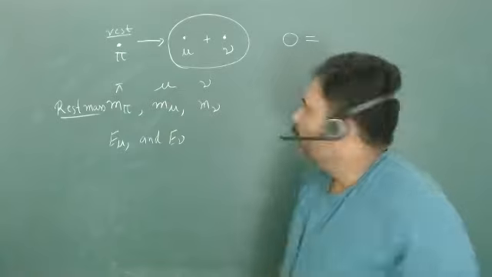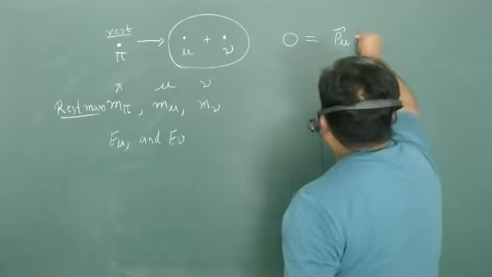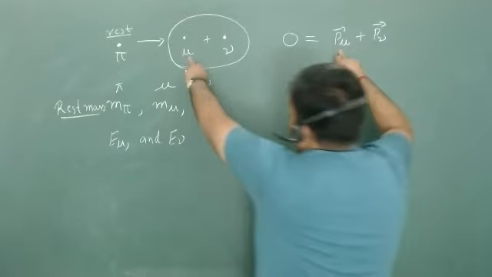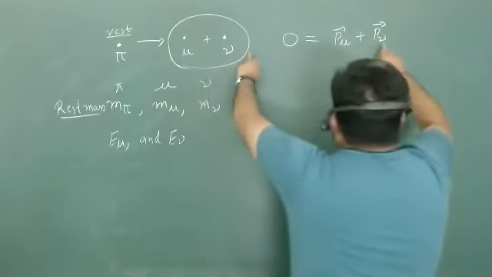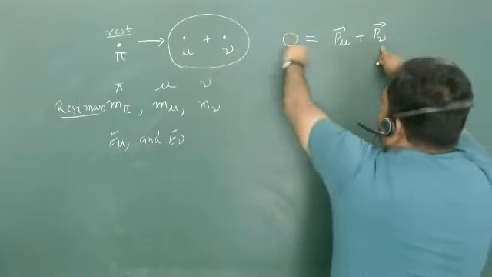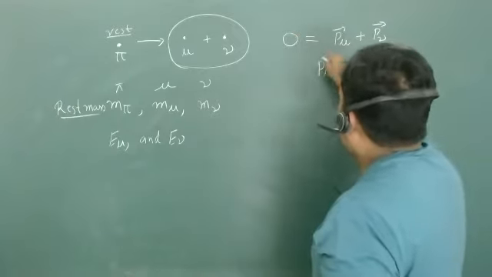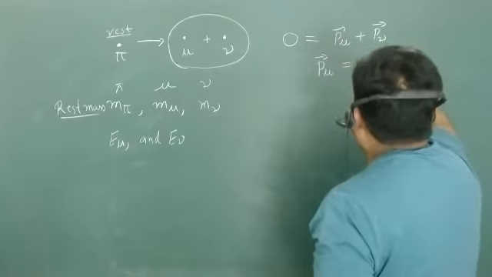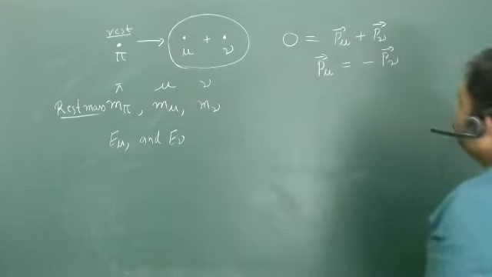So can I write this as P mu plus P nu equals zero? P mu is the momentum of muon, and P nu is the momentum of neutrino. Momentum is a vector quantity, so I can claim the momentum of muon must be equal to minus the momentum of neutrino. What is the meaning of that?